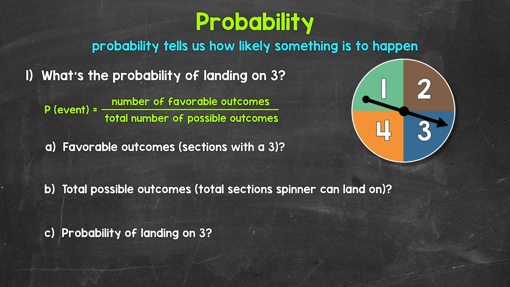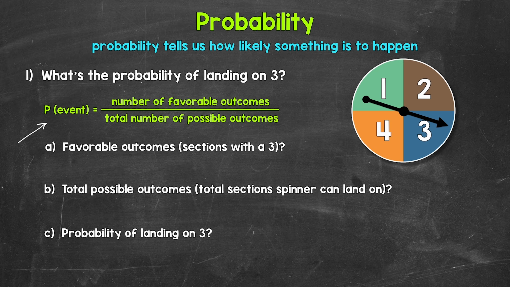Well, let's break this down, and we'll start with the probability formula, which is right here. We have P for probability, and then in parentheses we have the word event. And an event is whatever we are finding the probability of. Basically, an event can be one or more outcomes that we are interested in and focused on.